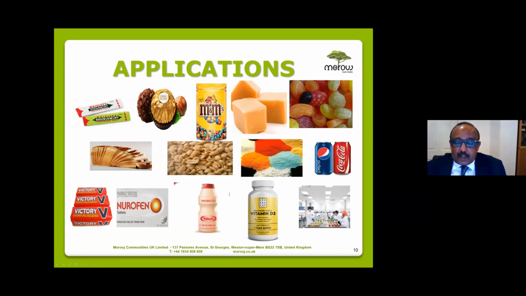Oh, by the way, gum Arabic has a plain taste and plain odor, so it can be used in any product without affecting the organoleptic properties of the finished product.